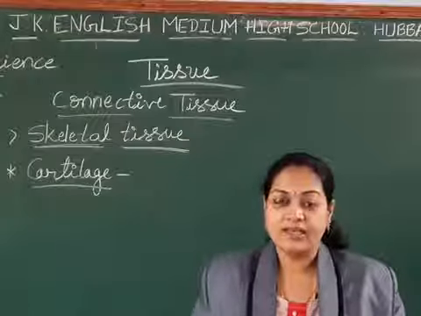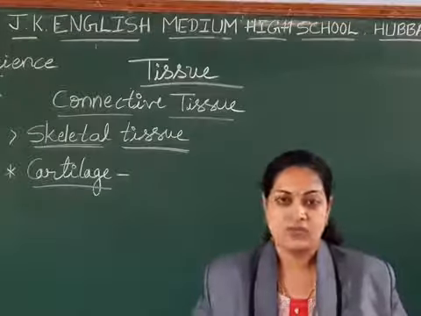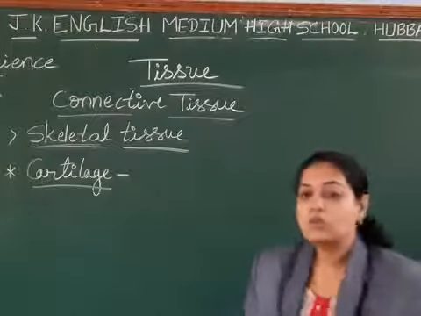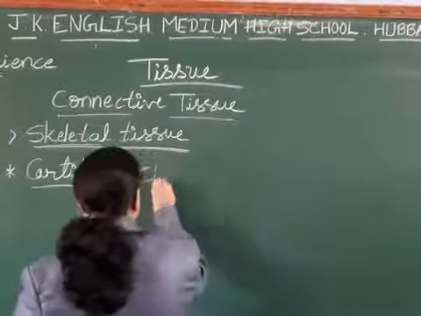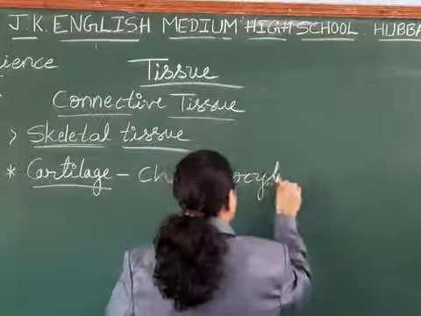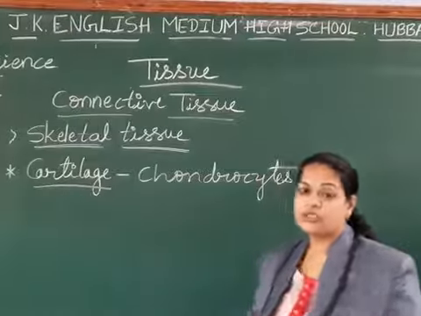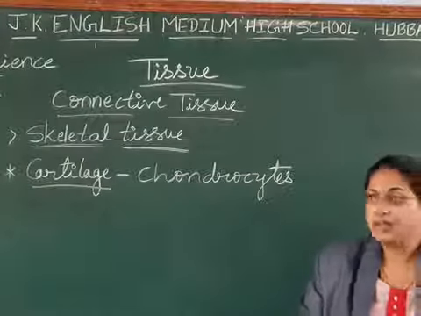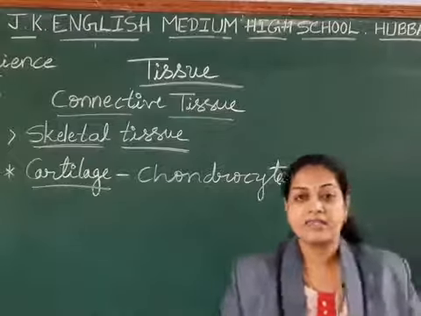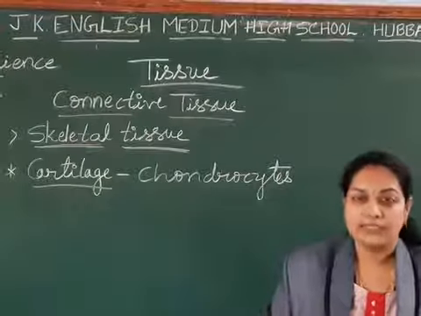In the matrix, the cells are arranged. The cells in this are called chondrocytes. As you know, students, tissue is made up of cells, right? The cartilage tissue is having the cells, and the cells here are called the chondrocytes.